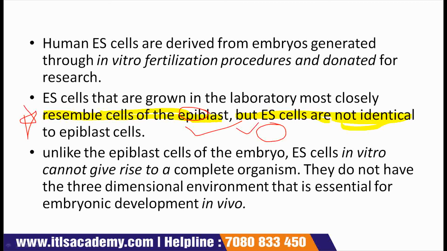If we talk about the epiblast, this term refers to all the pluripotent cell populations. What is pluripotent? I hope you all remember. Pluripotency is the nature of any cell to develop into multiple kinds of cells.